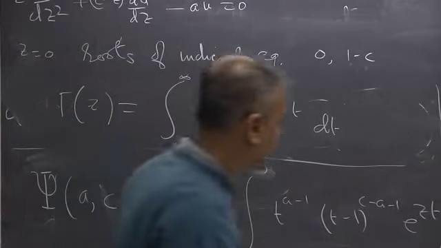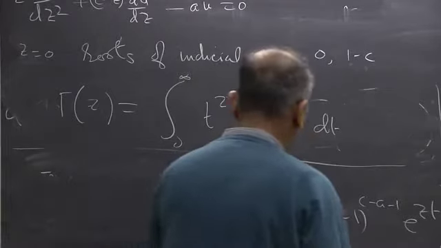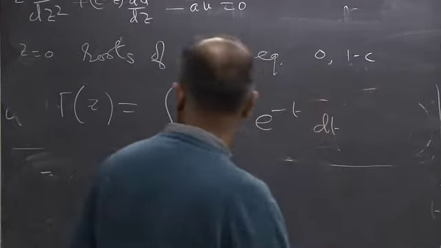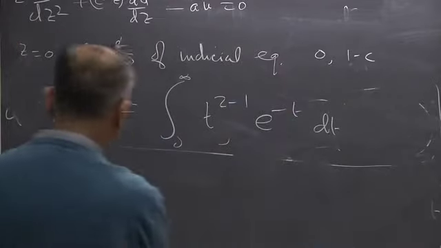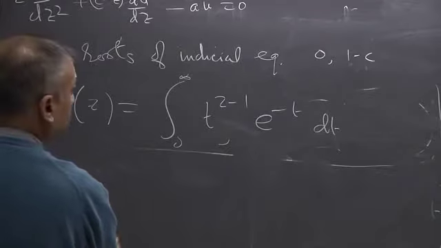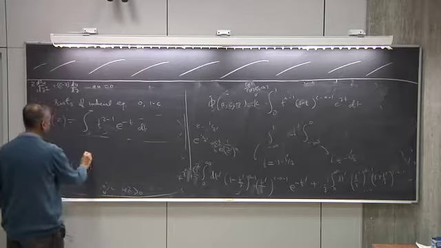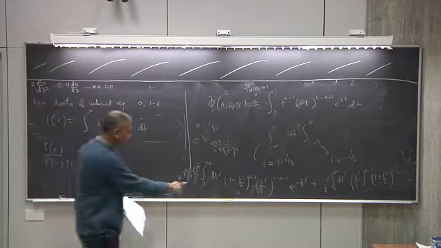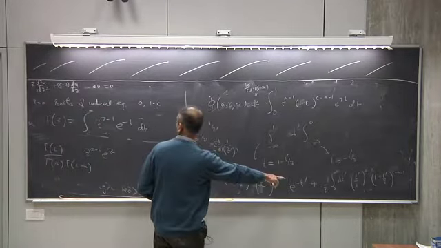So then you can see, once I ignore that, this becomes, including also kappa, gamma c divided by gamma a, gamma c minus a, that's kappa. Then you have z to the a minus c, e to the z. So this is the leading behavior. And the coefficient of that is simply the integral of t prime to the c minus a minus 1, e to the minus t.